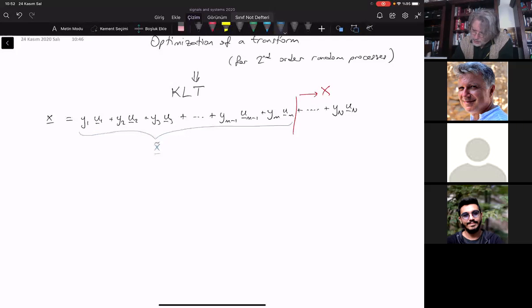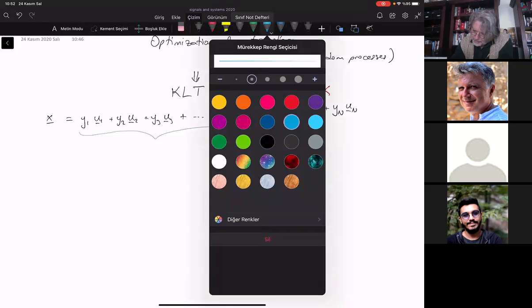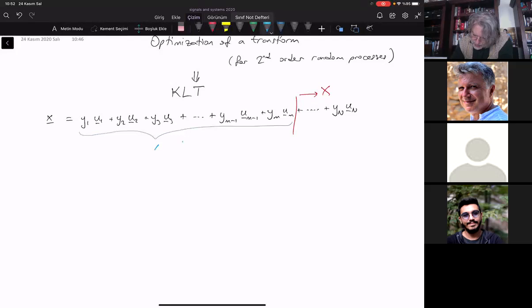This is too thin. Sorry about that. Let me erase it and make it a little bit thicker. Whatever. X tilde. Yeah, now it makes more sense. This new vector X tilde is therefore an approximation of X with only M samples instead of capital N samples after this transformation.